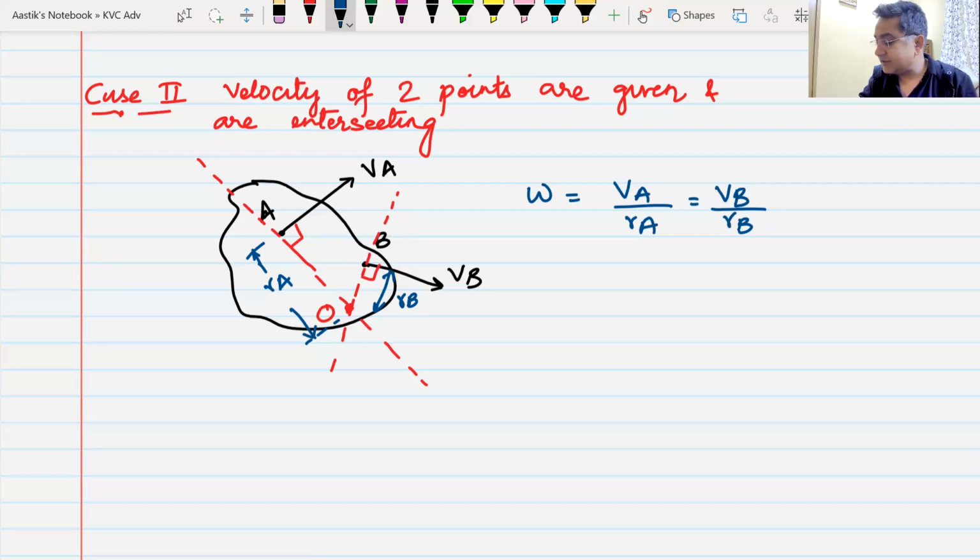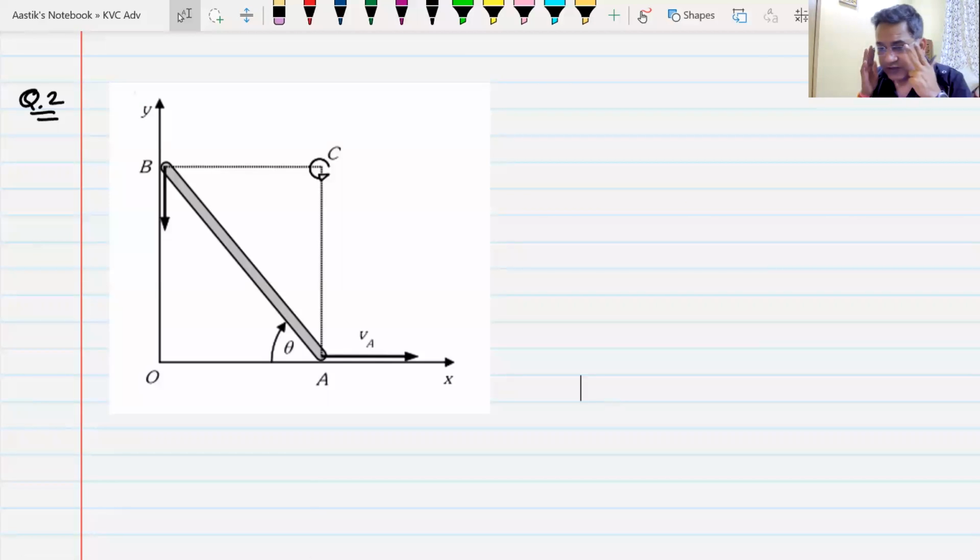Now the question is like this. The diagram was actually not a part of the question, but that is the only thing that I got. This is a rod which is kept in contact with two walls. One is the vertical wall and one is the floor. Normally, how the question is framed is that you are given the velocity of any one of the ends.